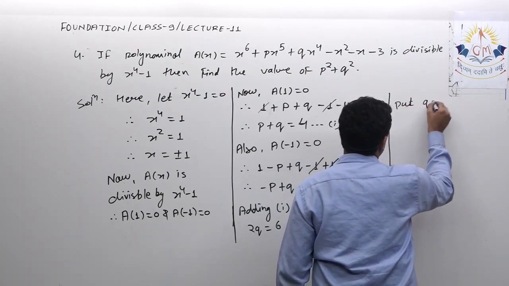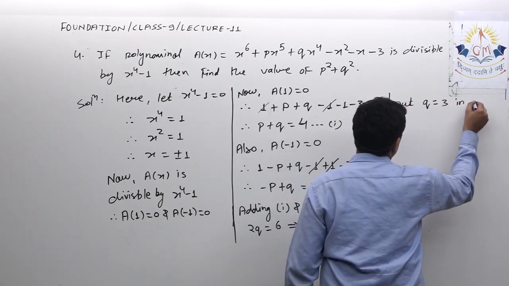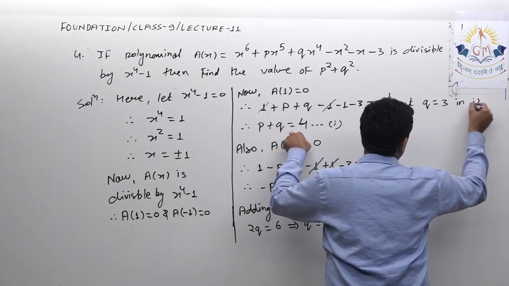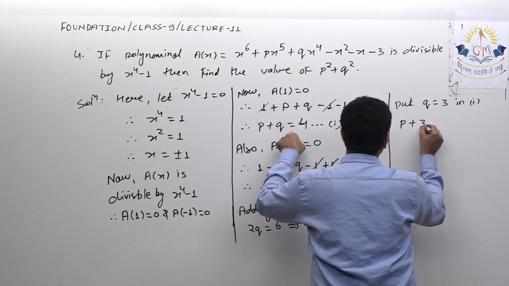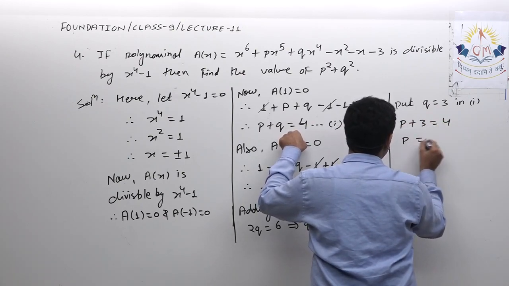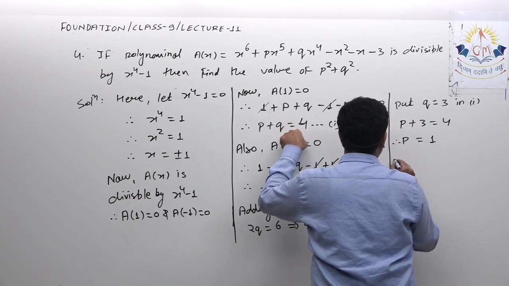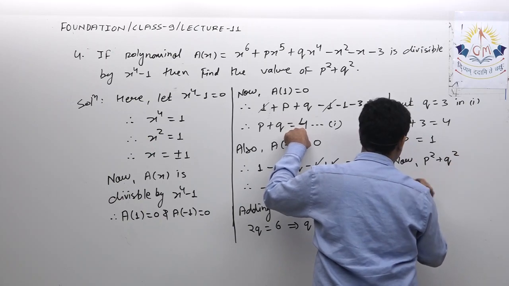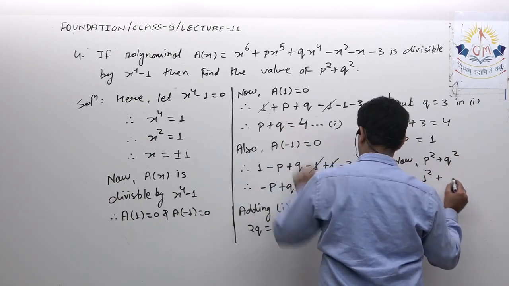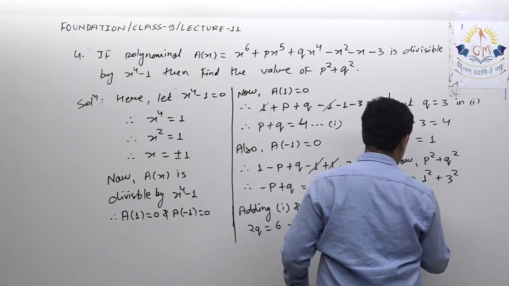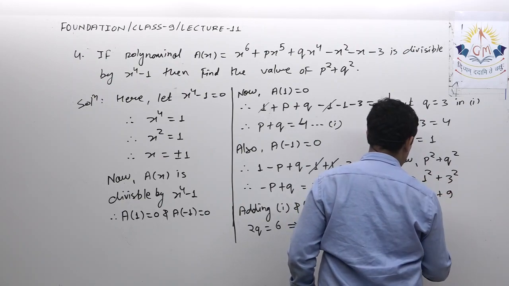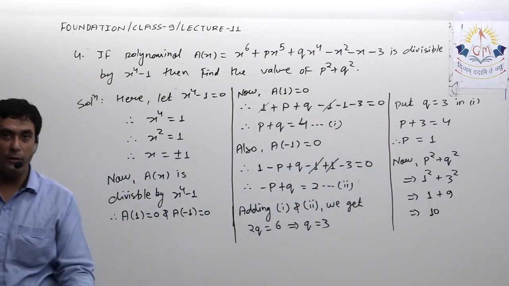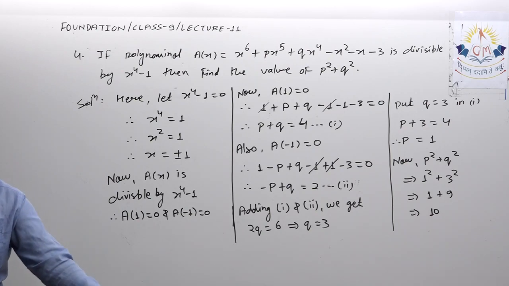Put q equal to 3 in the first: p plus 3 is equal to 4, so p is equal to 1. Now what we have to find? p square plus q square. So that is 1 square plus 3 square, that is 1 plus 9. So ultimately my final answer is 10. So please note it down, then we'll see the next question.